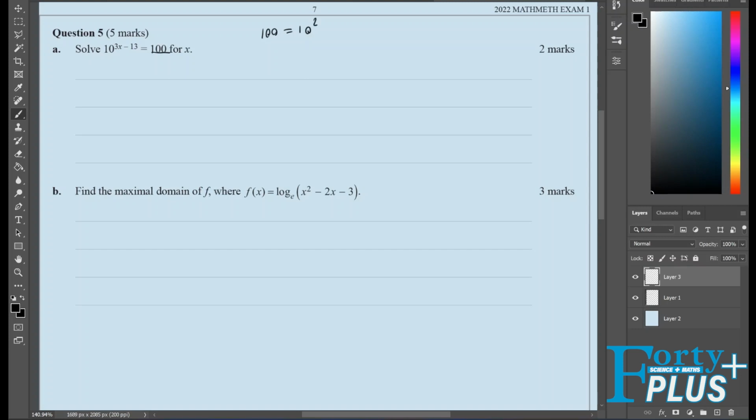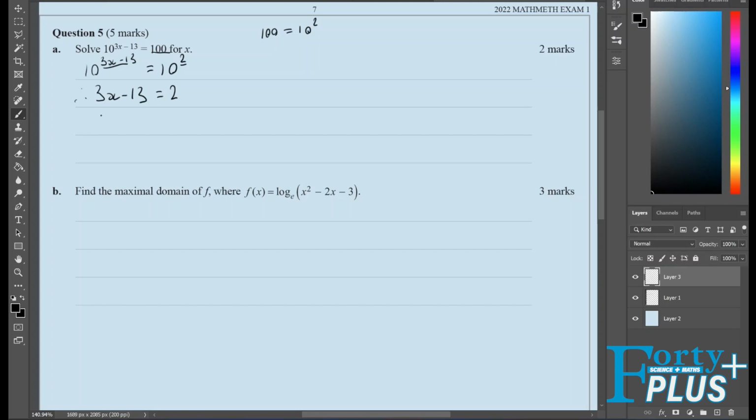So our first step is we're going to write 10 to the 3x minus 13 equals 10 to the power of 2. And we can say, therefore, 3x minus 13 equals 2, because if they're going to be equal, the exponents need to be the same.